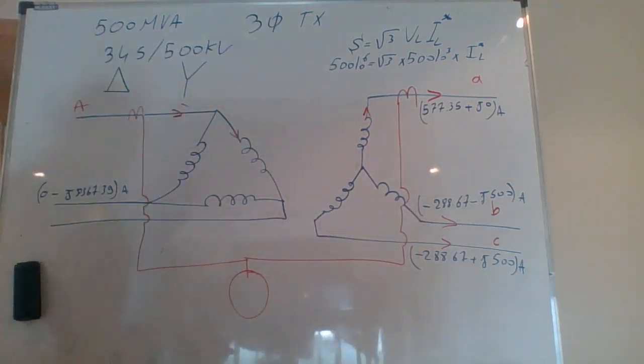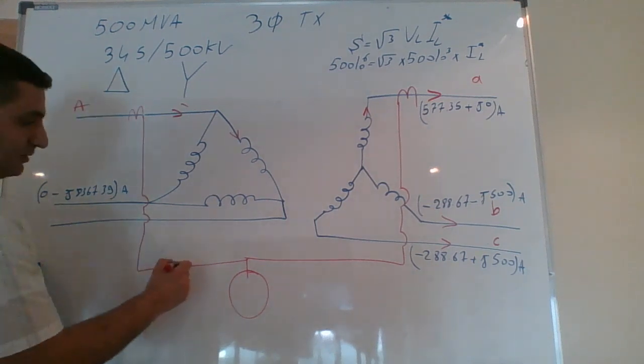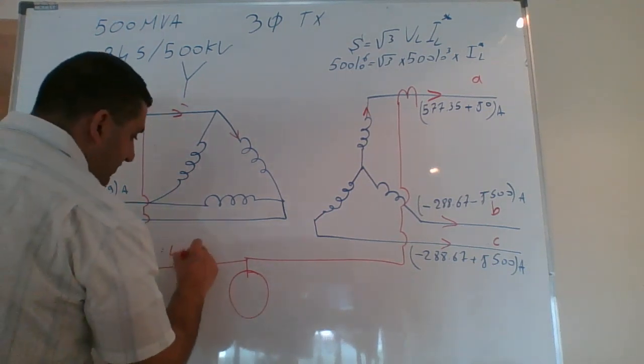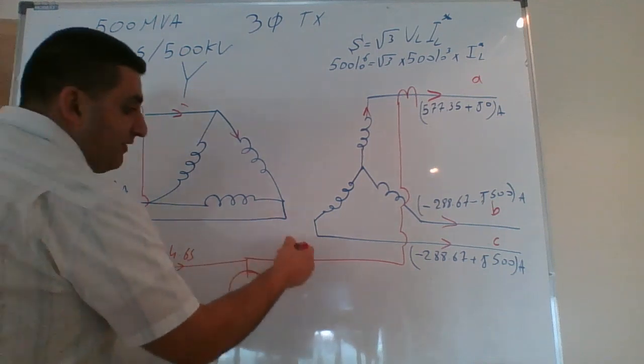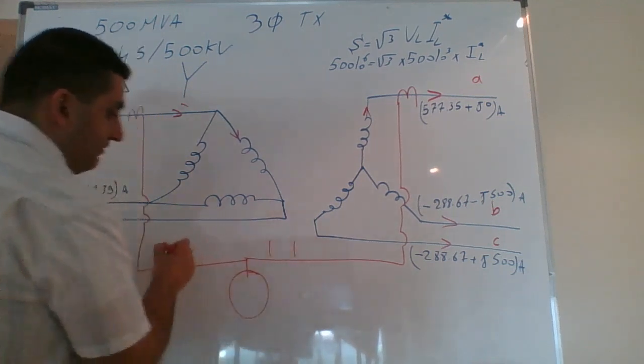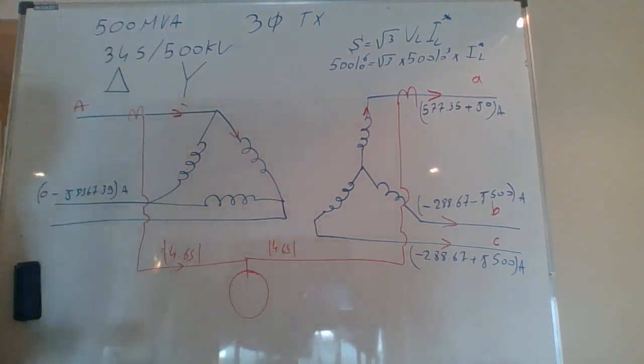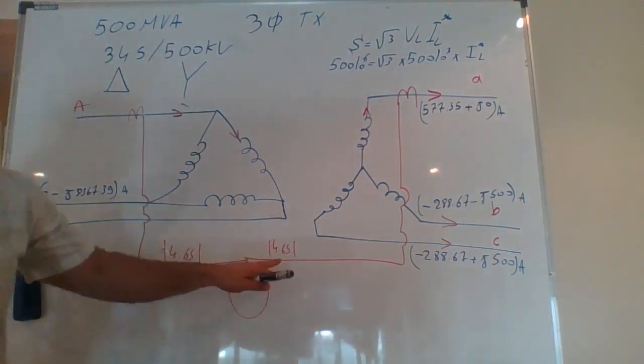Now, this current I know is 4.65 in magnitude. I need to have a similar value of 4.65 from a magnitude perspective. This is the line current.